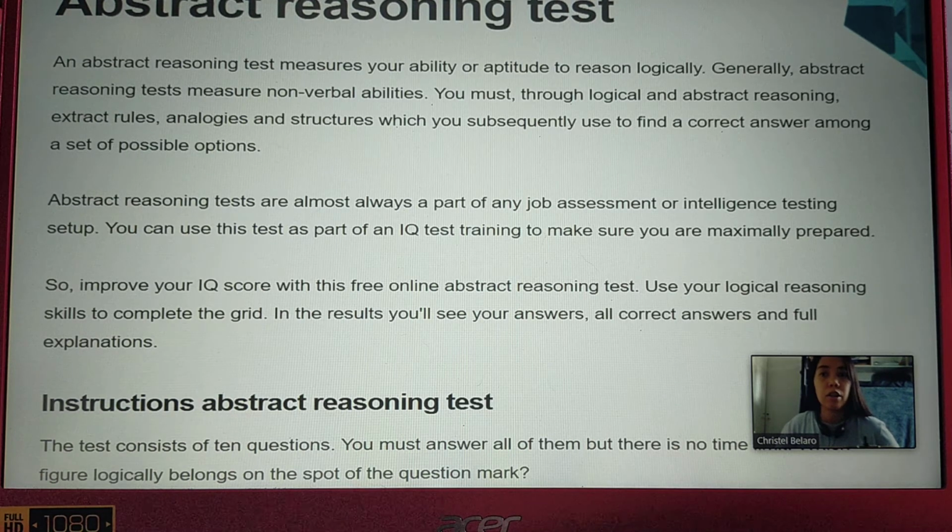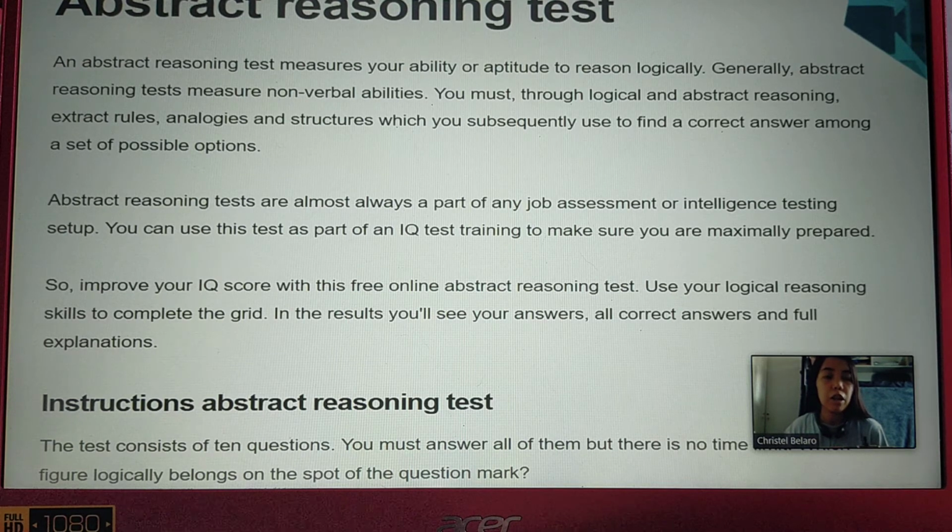Generally, it measures non-verbal abilities. You must do logical and abstract reasoning, extract rules, analogies, and structures, which you subsequently use to find the correct answer among a set of possible options. Given a non-verbal test, you're going to identify the rules of the given diagram or figures for you to come up with an answer.